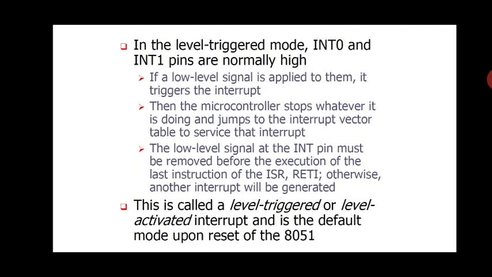Otherwise, when it returns, it will again see it as a new interrupt, come into the location and execute the program again, so unnecessarily it will go into an infinite loop. To avoid this, once it is completed, the interrupt has to be disabled.